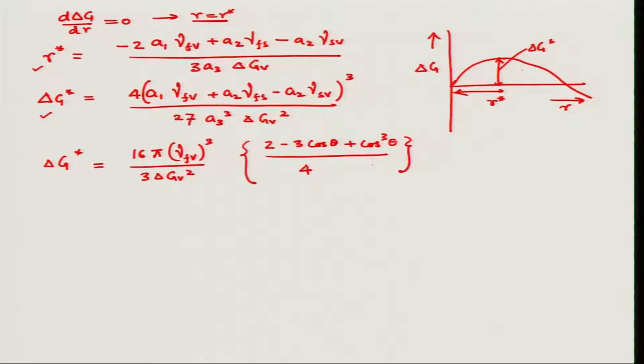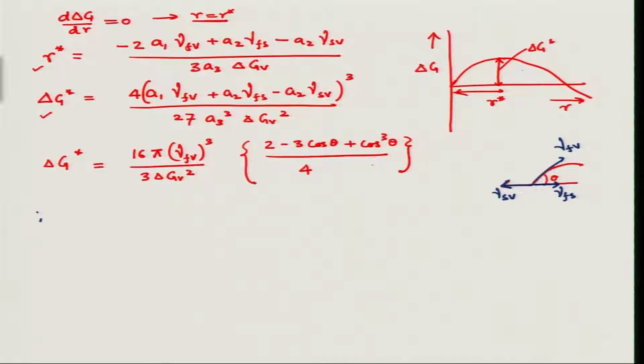We can do that because at any point this is my angle theta. My surface energies were gamma FV, gamma FS, and gamma SV. These are the three different forces acting at an angle theta, and we can get the relation between them by resolving them into cos and sine components. So, we can get this expression.